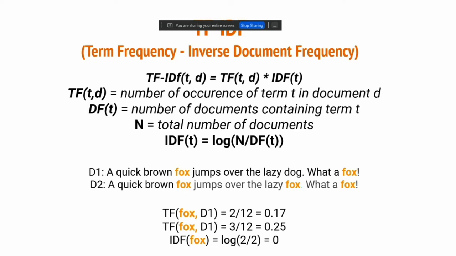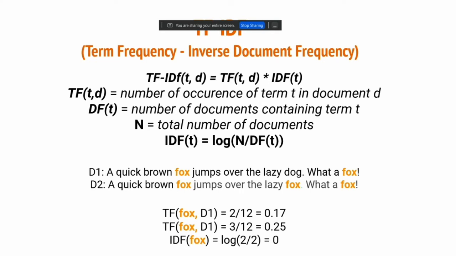Now, in order to understand what inverse document frequency is, we first need to understand what document frequency is. Document frequency is defined as the number of documents that contain a particular term. Here, the term and the document corpus are independent, whereas document frequency is dependent on both of these.